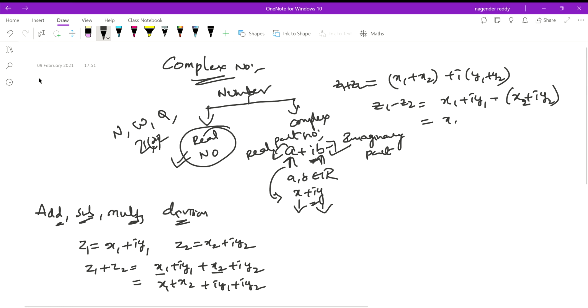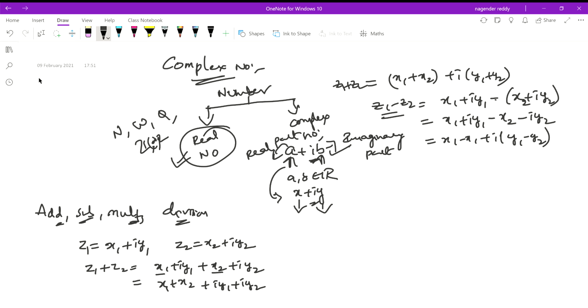Now x1 plus iy1 minus x2 minus iy2. Compare the real part and imaginary part. You can take i common and we get y1 minus y2. This is z1 minus z2, and this is z1 plus z2. For complex numbers we have to consider the real part and imaginary part only. No need to go for more than that.